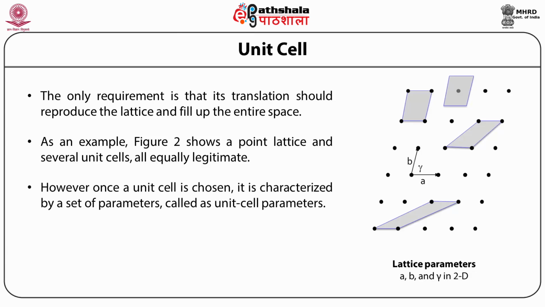However, once a unit cell is chosen, it is characterized by a set of parameters called unit cell parameters. So, to conclude, the unit cell is the smallest repeatable unit.